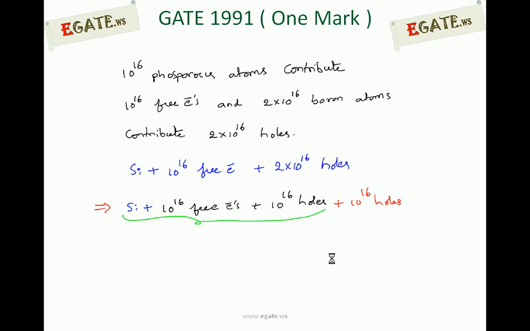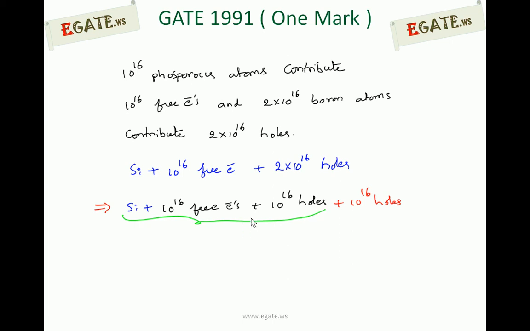If you observe the green line, silicon plus 10 power 16 free electrons plus 10 power 16 holes: silicon itself is an intrinsic semiconductor where the number of free electrons equals the number of holes. If you add equal amounts of free electrons and holes, that is also treated as intrinsic, with higher concentration, it doesn't matter.